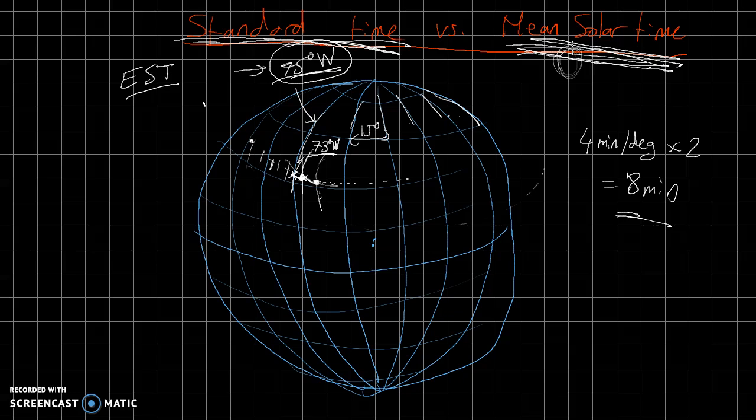So the local mean solar time of Montreal is 8 minutes later, higher than the mean solar time of the 75th west meridian, or standard time. So the Eastern Standard Time, for example, would be 2 p.m. Then to find the mean solar time in Montreal, we would have to add 8 minutes. So it will be 2:08.